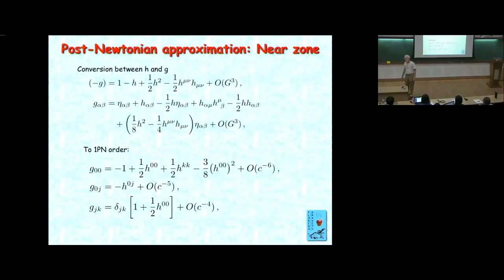If, for example, you're working at 1PN order, but the body you're looking at has a quadrupole moment, then there are terms that involve the mixture of the quadrupole Newtonian potential of the body with post-Newtonian terms. It's still 1PN, but you're now including the quadrupole moment. In that case, the semi-major axis does have a variation.